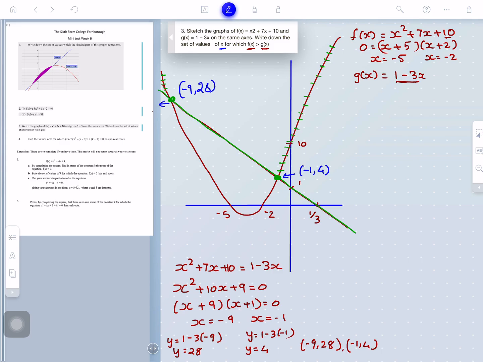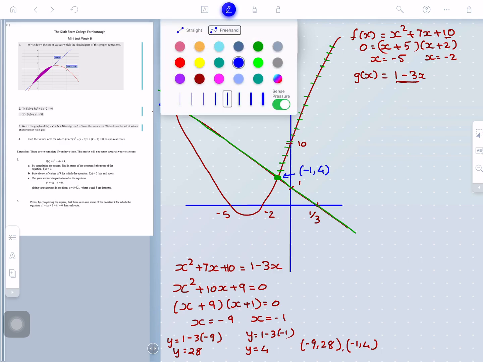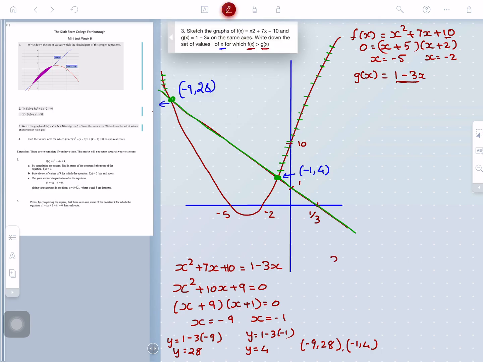Okay, so we write it down in set notation: x such that x is less than minus 9, or x is greater than minus 1. Okay, so these are the values of x for which f of x is greater than g of x.